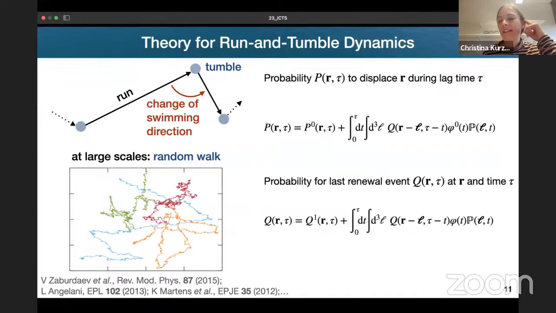I haven't analyzed this, but if you have, let's say, a power law distribution of your waiting times here, I could imagine that you get some intermediate regimes that are not diffusive, that are somewhere in between ballistic and diffusive.